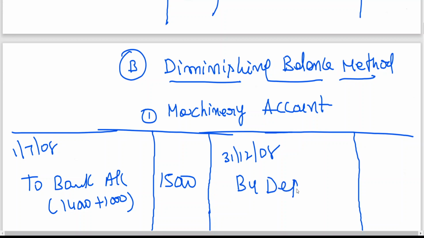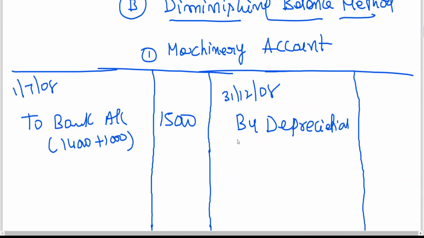Why depreciation? I told you the first year depreciation amount is the same in both methods, straight line and diminishing. It keeps on changing. You will have a difference only from the second year onwards, but in the first year of purchase, depreciation is the same. But we need to calculate here for how many months? 6 months, because the date of purchase is 1st July.